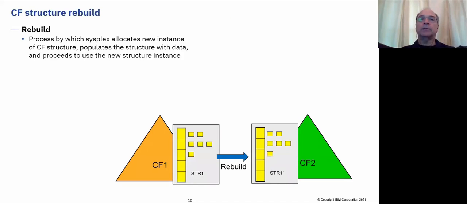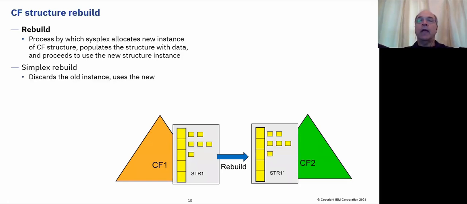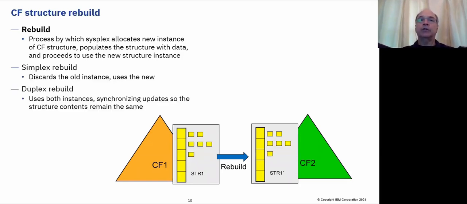This is a process by which the sysplex will take an existing structure, in this case structure 1 on the left, and will create a new structure, in this case structure 1 prime on the right, and fill it with the data, and then proceed to use the new structure instance. So that's rebuild. Simplex rebuild says we rebuild the structure and just use the new structure and get rid of the old structure. Duplex rebuild says we use both instances and we keep them in sync.